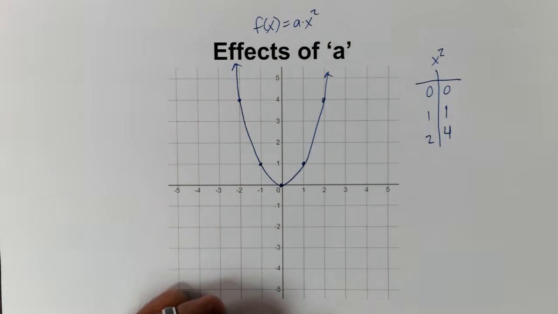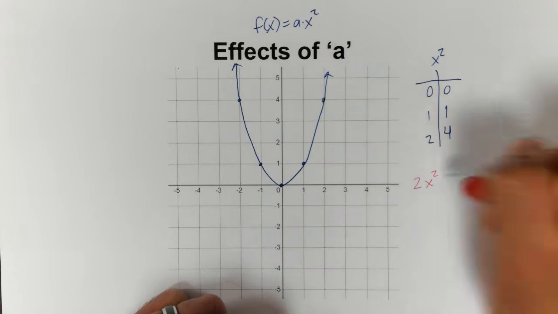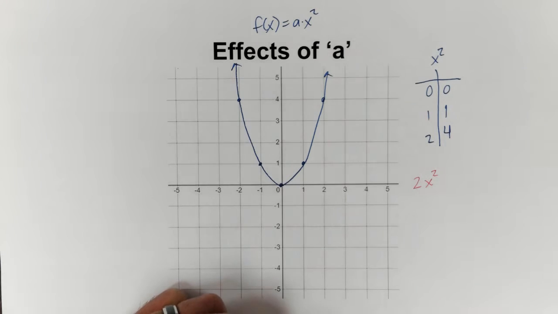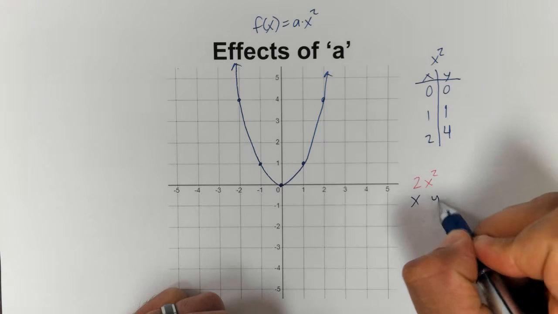Now, the minute I multiply it by something, let's say we have 2x squared, let's see what it does to the function.